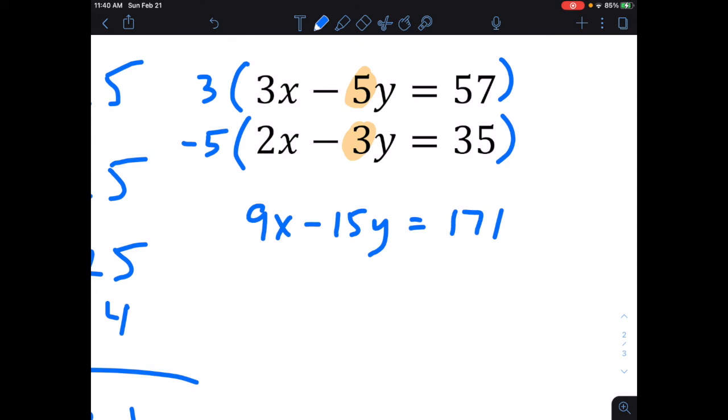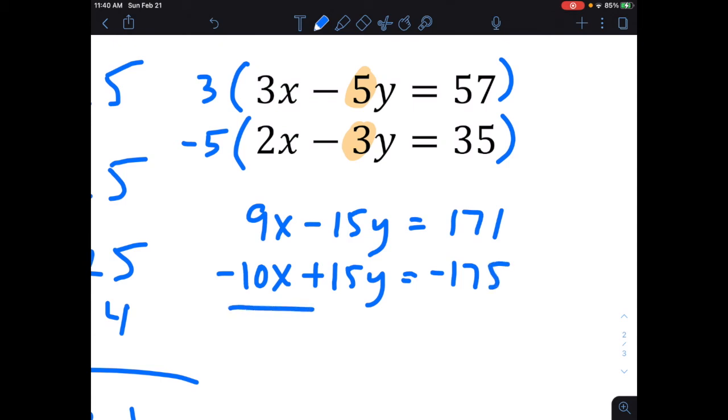Okay, and then the bottom one, we're multiplying by -5. So we get -10x, plus 15y, and then -175. Lots of big numbers. But we see opposites. When we add these two equations together, 9x minus 10x is -1x.